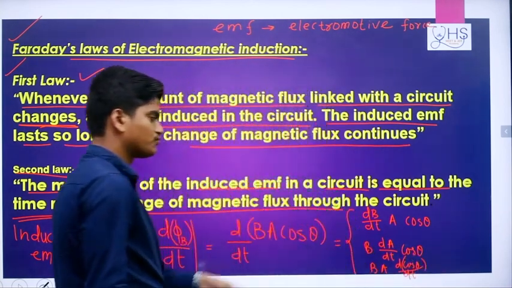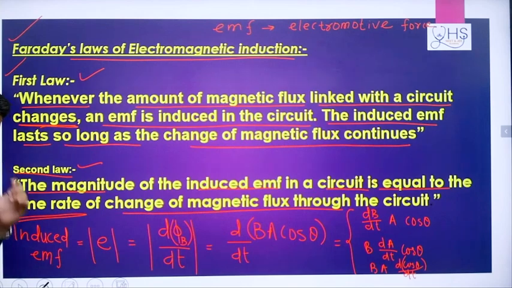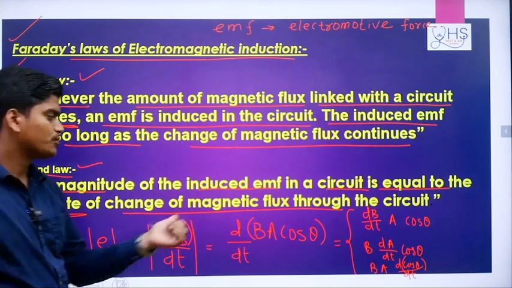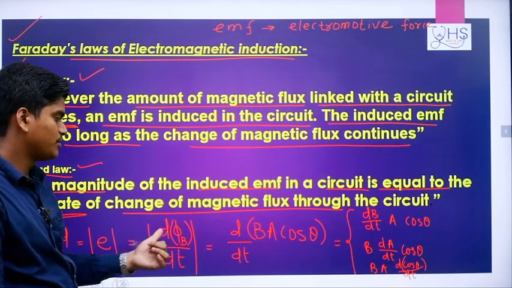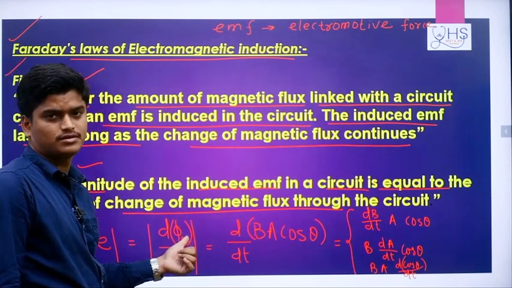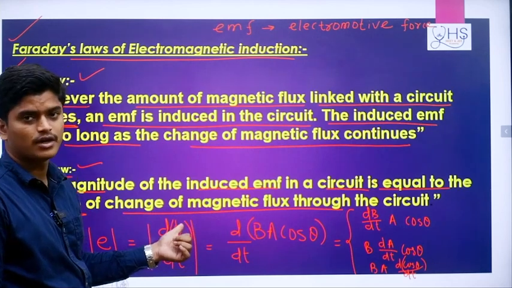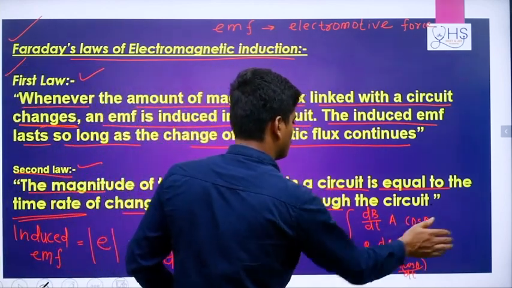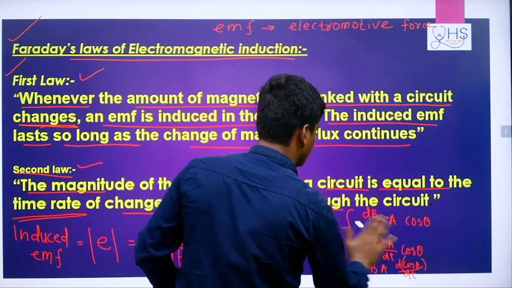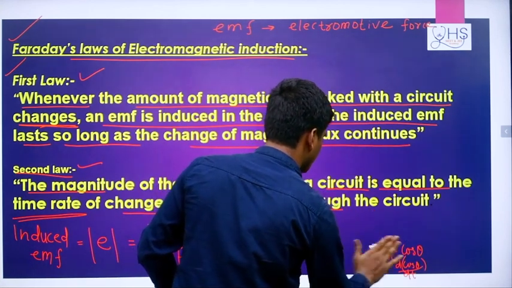So this is the induced EMF. If the magnetic field is changing, then also induced EMF will be there, because a magnetic field change is also a change in magnetic flux. You can remember these things a little, but you write up to this one, and keep this in mind.